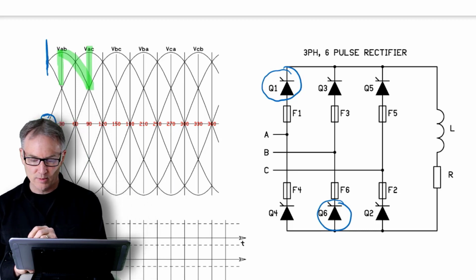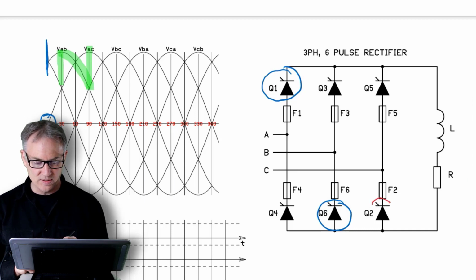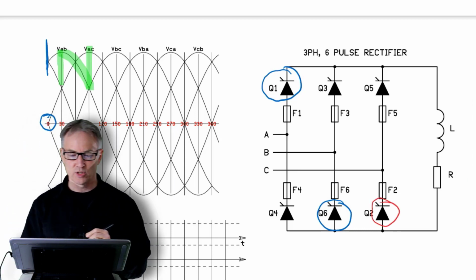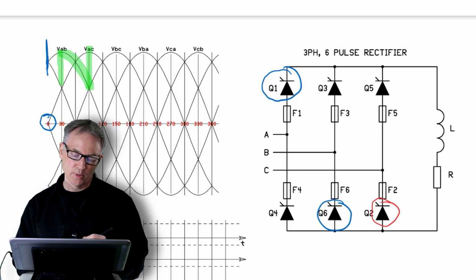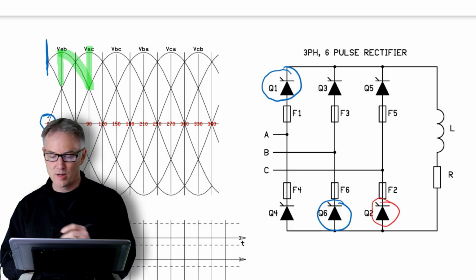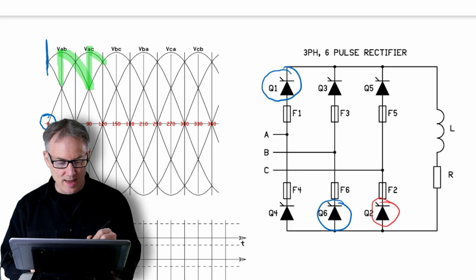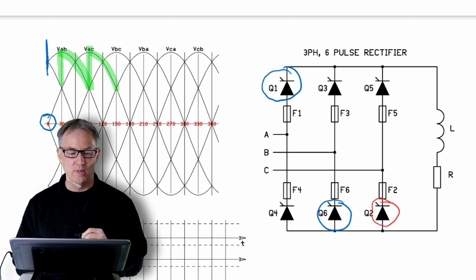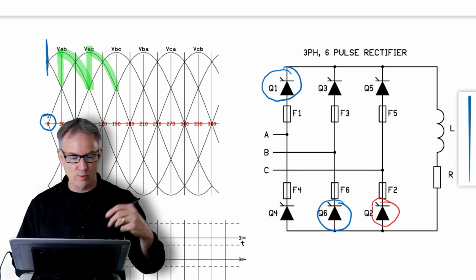So I'm just going to grab a different color marker to show that on the second part of the conduction, Q1 is still conducting all the time, but on the second part of Q1's conduction, the current commutates off of Q6 and then on to Q2. So if I highlight that, you get this waveform. That represents the full 120 degree conduction for Q1.